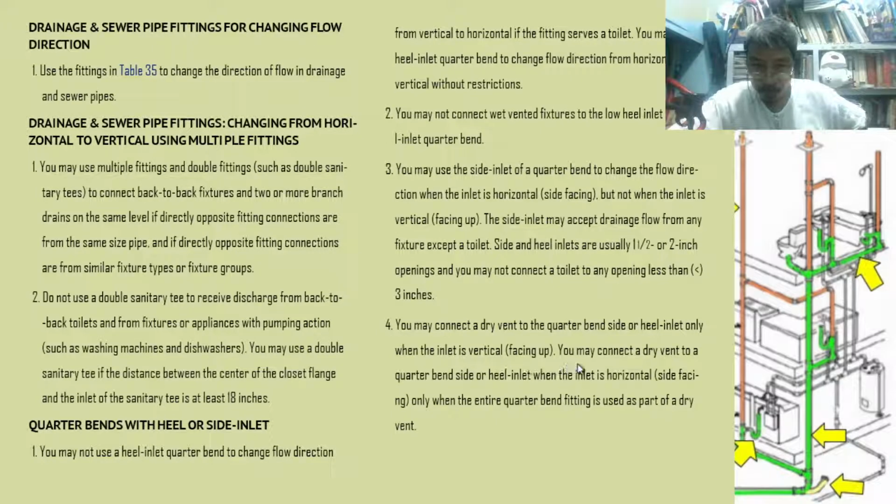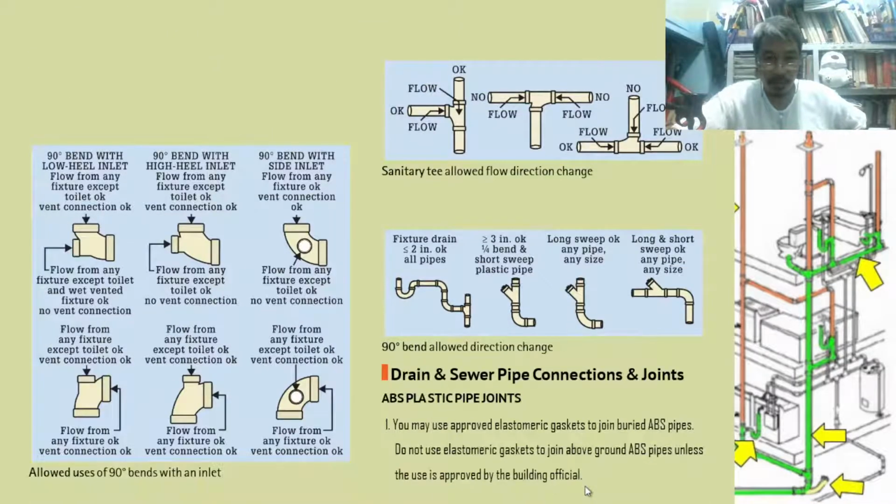Number 4, you may connect a dry vent to the quarter bend side or heel inlet only when the inlet is vertical. Vertical and it is only a dry vent, so it is okay. So what are those different allowed uses of 90 degrees bend? Okay, this is the summary. 90 degrees bend with low inlet heel.